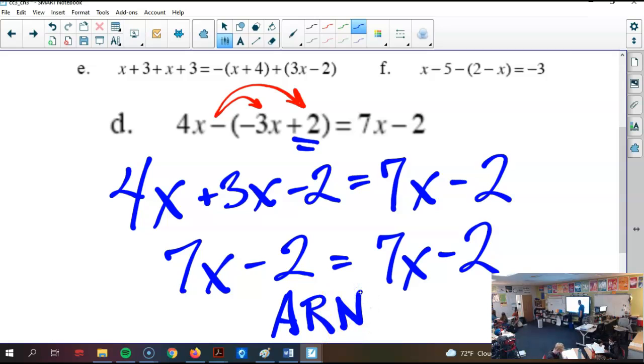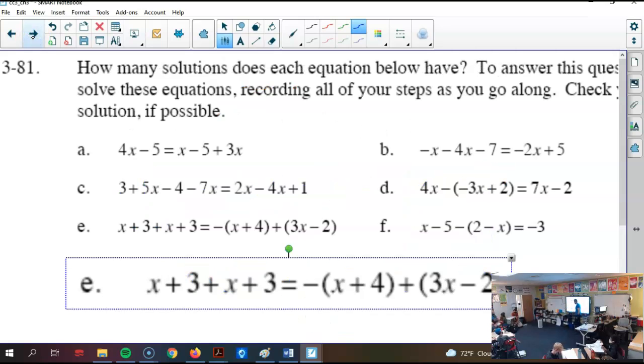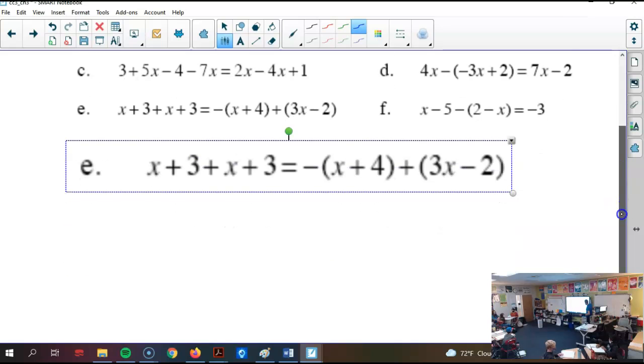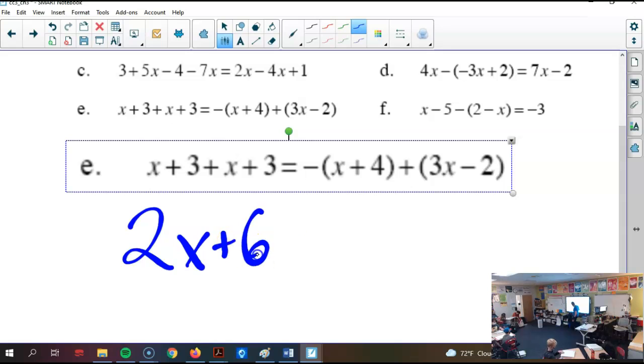We have 1 minute left. Nevin, what do I get when I simplify? We gotta go fast. Be quiet, please, Nevin. You get 2x plus 6, and I can't see the other numbers.